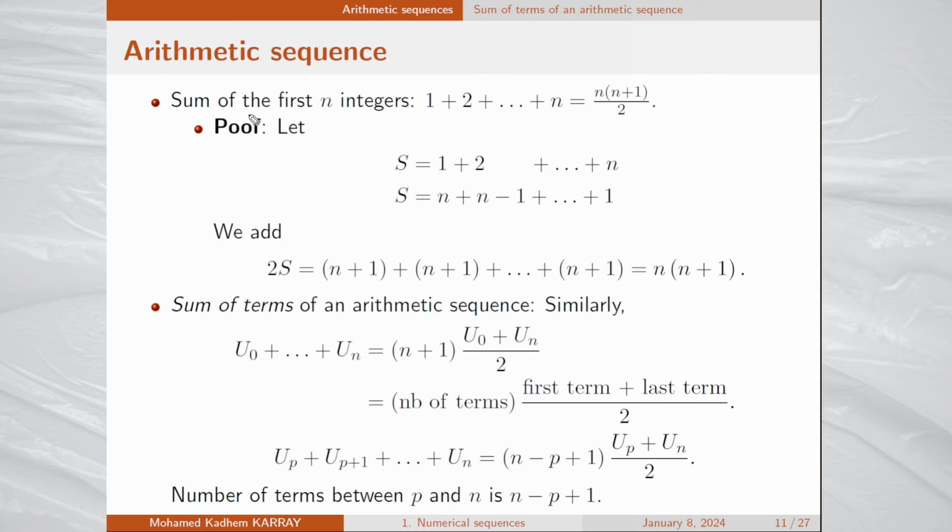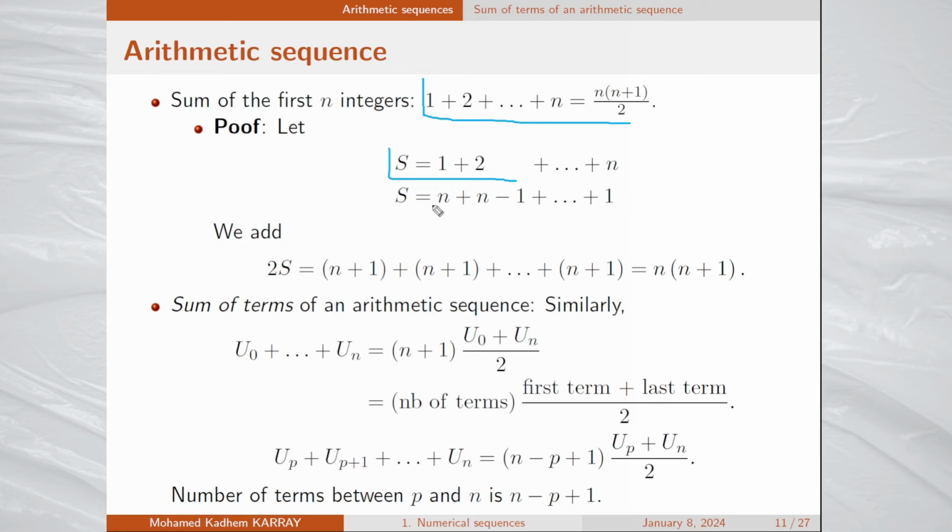To this end, I present a first formula which gives the sum of the first n integers. It says that 1 plus 2 plus ... plus n equals n by n plus 1 divided by 2. The proof of this formula is as follows. Let's denote S the desired sum. We can write S in the other side by beginning with n, then n minus 1, and finally 1.